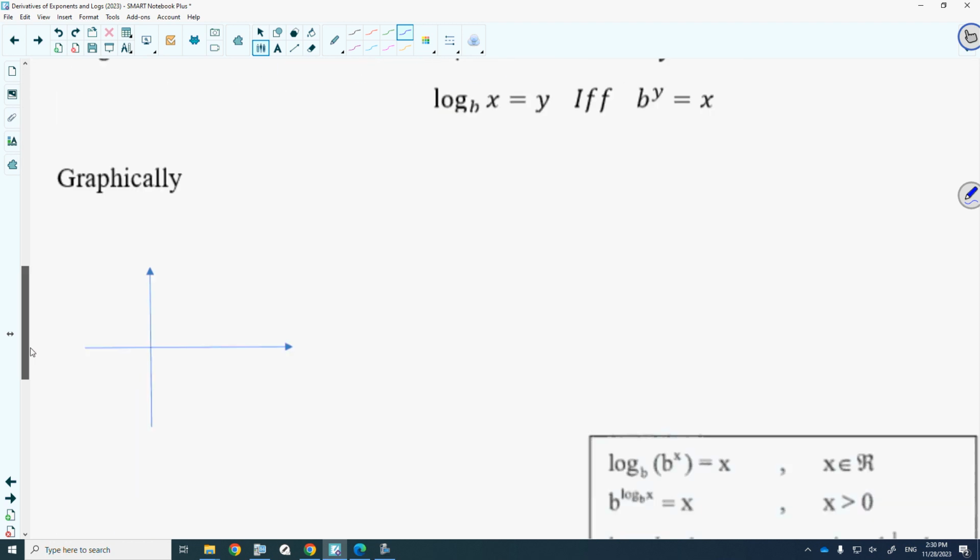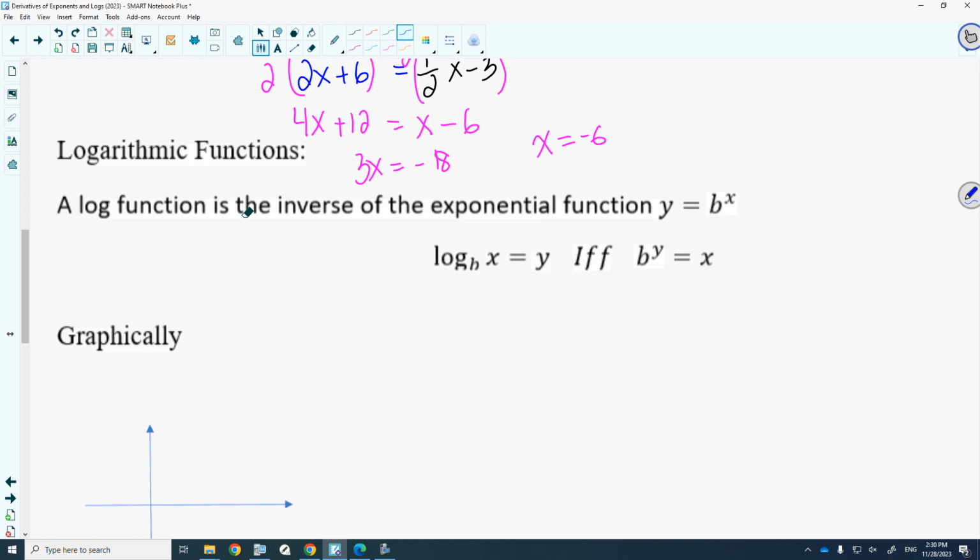Okay, so look over here and let's do the example y is equal to 7 to the power of x. That's an exponential function. It's a growth function. Y-intercept is 1. If I said to you what's the inverse of this function, you would say, okay, let's interchange x and y.